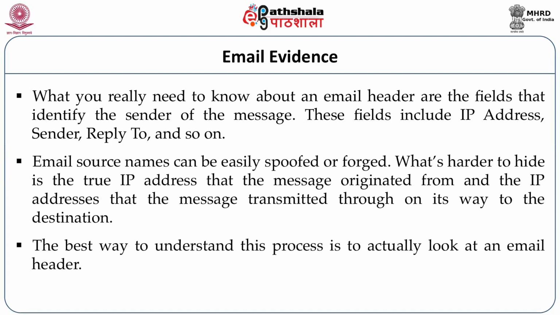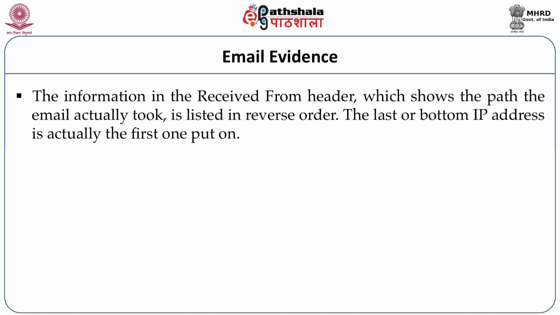These email source names can be easily spoofed or forged. What's harder to hide is the true IP address that the message originated from and the IP addresses that the message was transmitted through on its way to the destination. So look at the email header, at the Received-from header, which shows the path the email actually took.